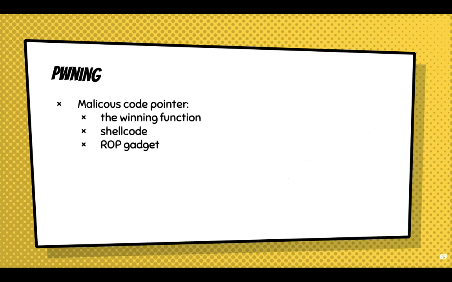Then for malicious code, we need to find a place to store the malicious code so that the attacker can fulfill their malicious purpose. One way is to find a function that we can take advantage of, which comes from the vulnerable program.